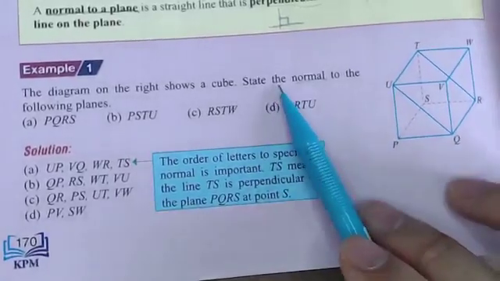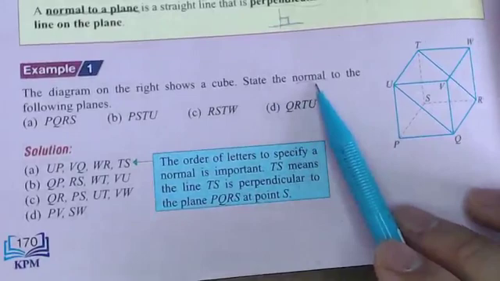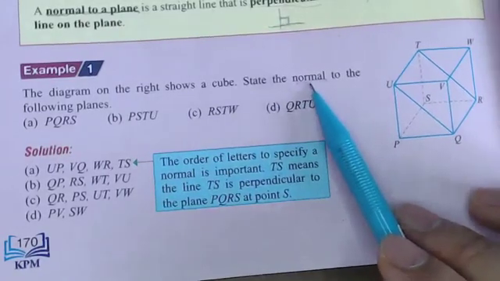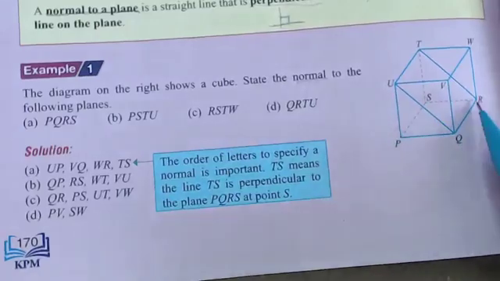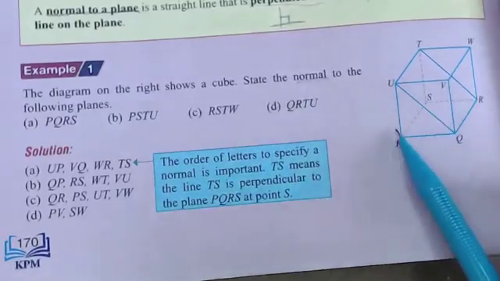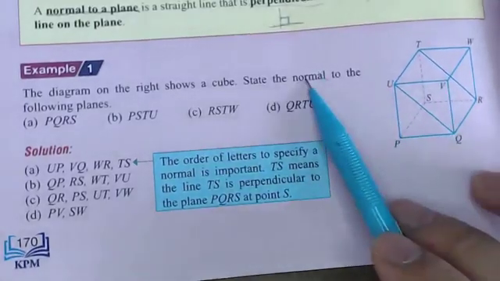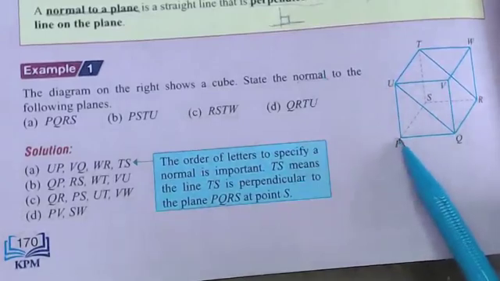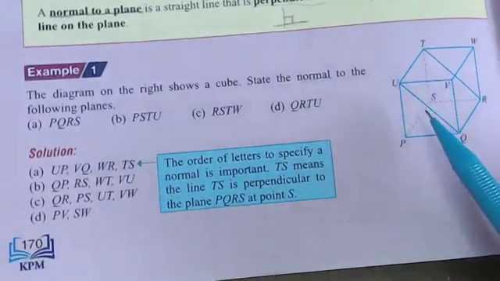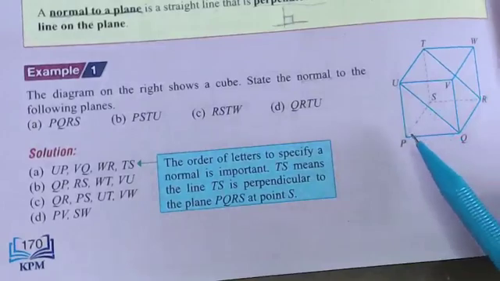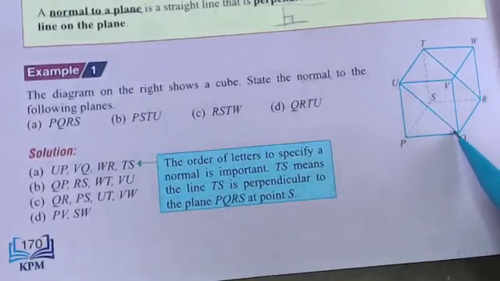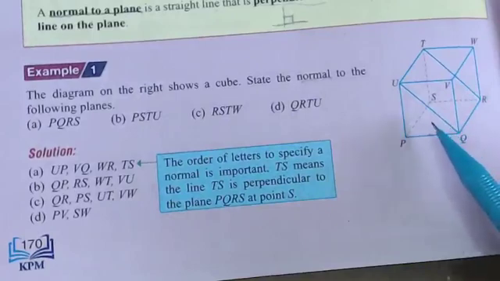So what is normal to this plane, PQRS? It is whatever straight line connected to this plane in perpendicular, that is 90 degree.